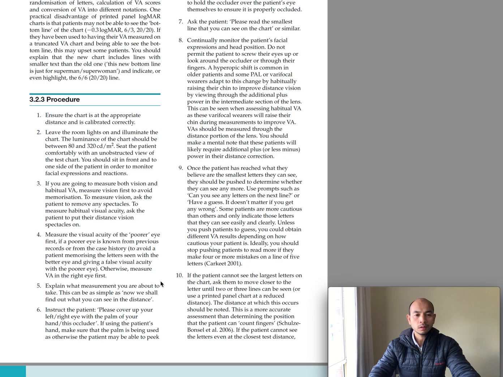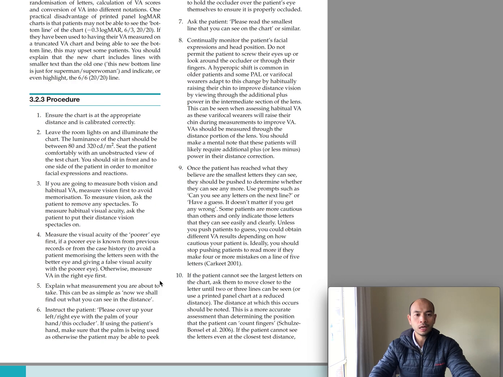All right, so you've got the procedure here. Ensure that the chart is at the appropriate distance and is calibrated correctly. Leave the room light on and illuminate the chart. If you are going to measure both vision and habitual VA, measure vision first to avoid memorization.